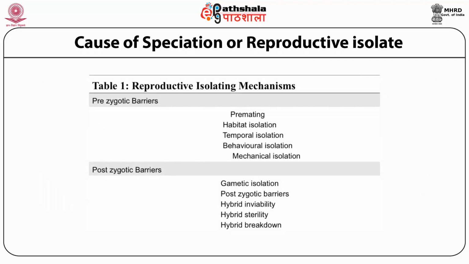As we have mentioned earlier, there are two types of reproductive isolating mechanisms, prezygotic and postzygotic barriers. In these two categories, we have further subcategories. Prezygotic barriers include habitat isolation, temporal isolation, behavioral isolation, and mechanical isolation.